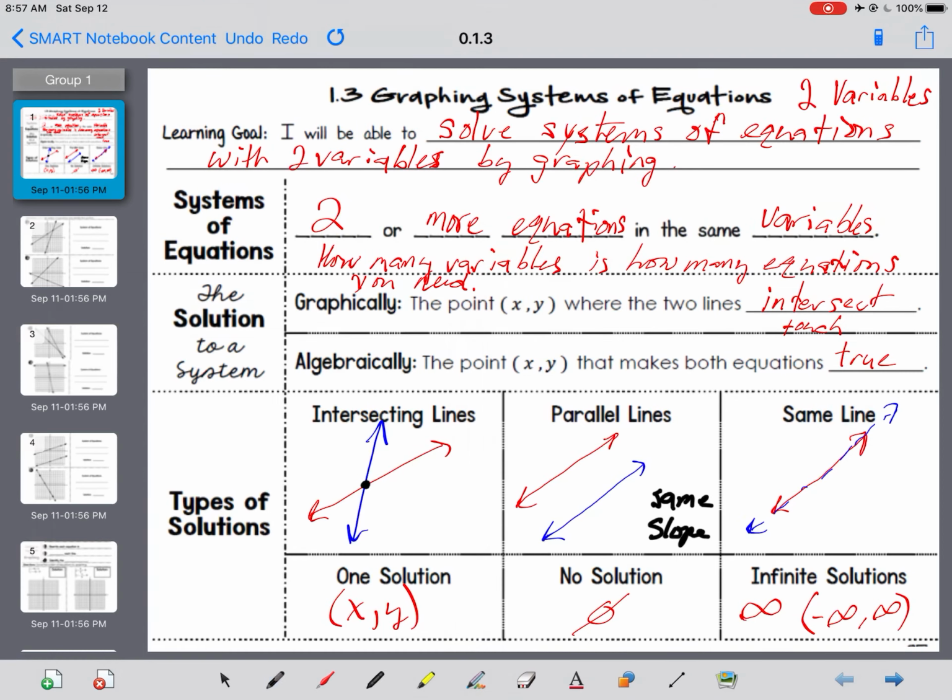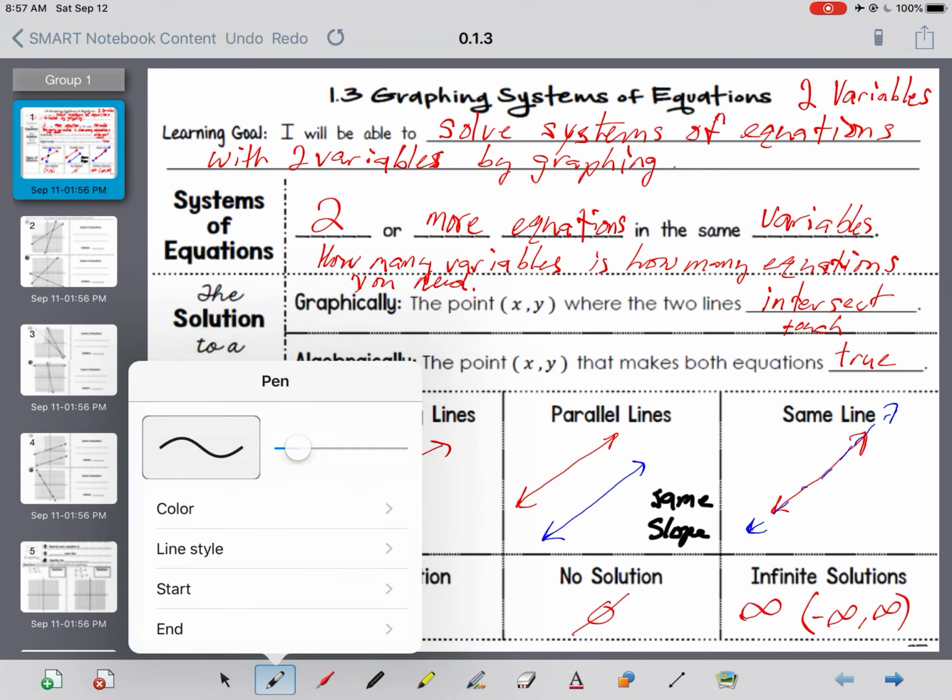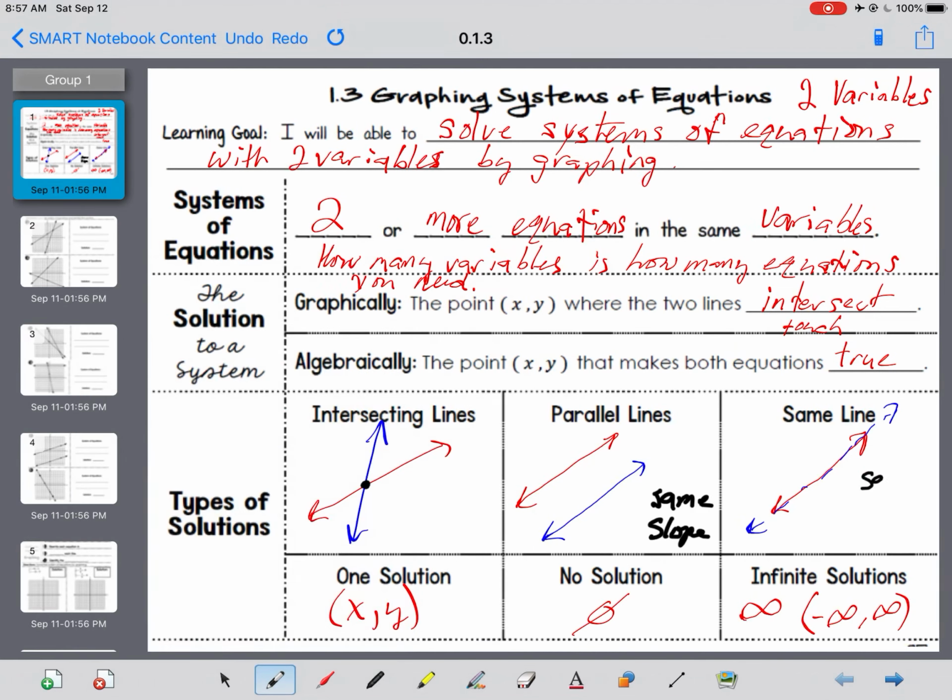Not only is it the same slope, but it's also the same y-intercept. Okay? So if the lines have the same slope and the same intercept, they're the same line, the answer is infinity. All of the points on the line are solutions to both of them.